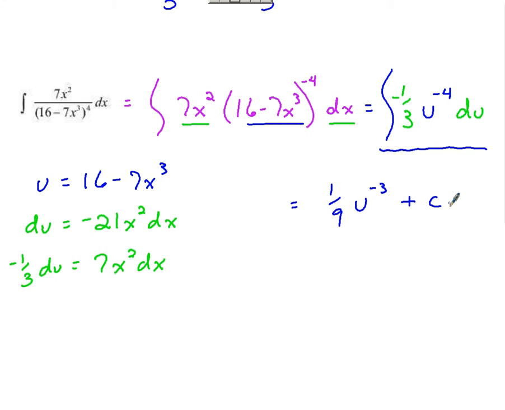And remember that we have to finish in terms of the same variable that we started with. So variable was, in terms of x, u was 16 minus 7x cubed. So replace u with that. Let's raise the negative 1/3 power now, plus c.